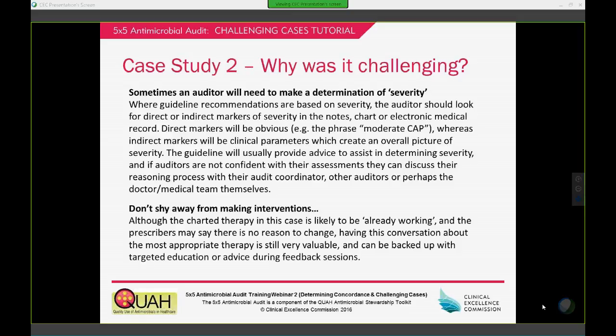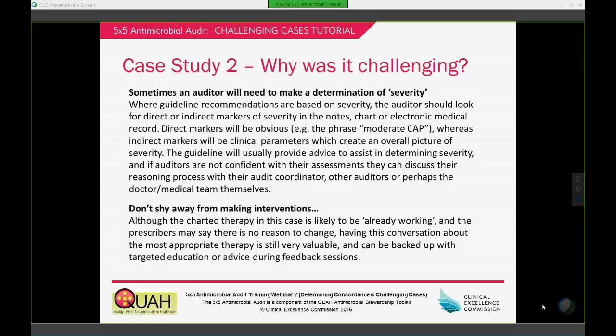The guidelines themselves should also usually provide advice to assist in determining severity levels, but if auditors aren't confident with their assessments, they can discuss that reasoning with their audit coordinator, other auditors, or perhaps the doctor and medical team themselves. And the other point that I've got there is don't shy away from making interventions.